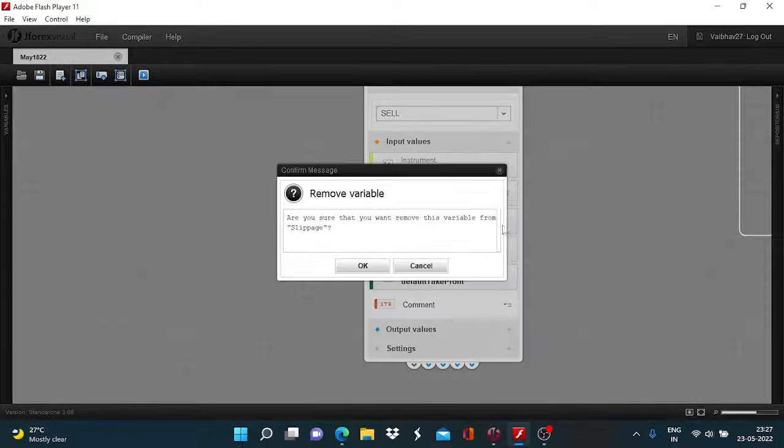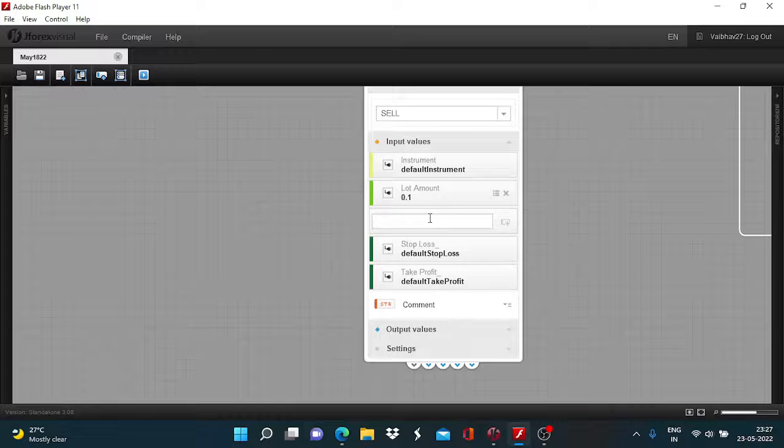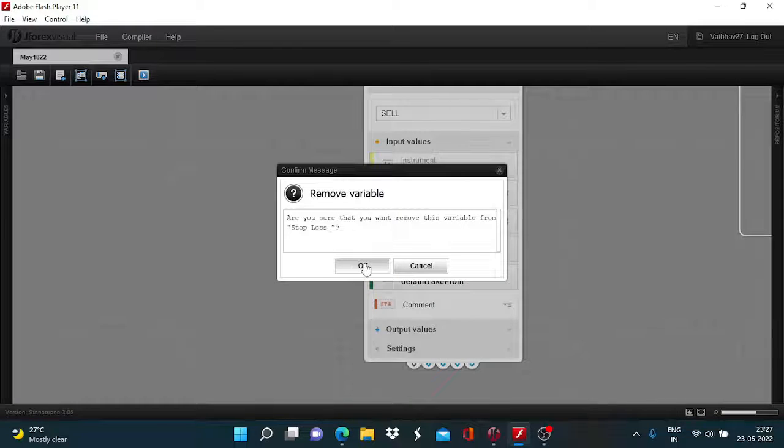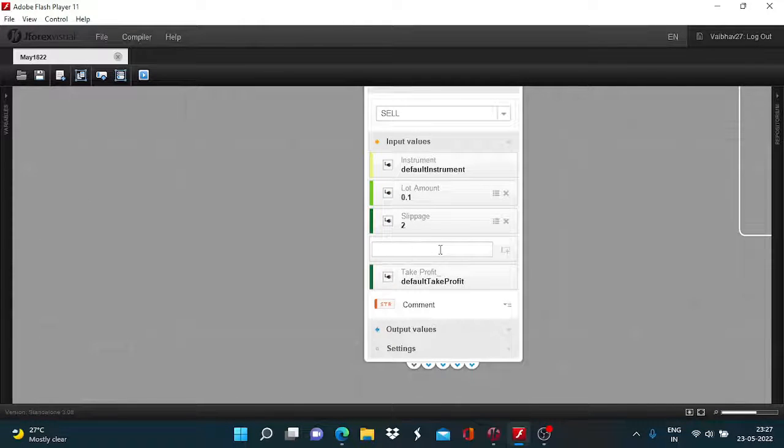Slippage will be changed to 2 pips. And coming to the stop loss and take profit, it will remain the same as it was for the buy trade order. So this is going to be in the risk reward ratio of 2:3.